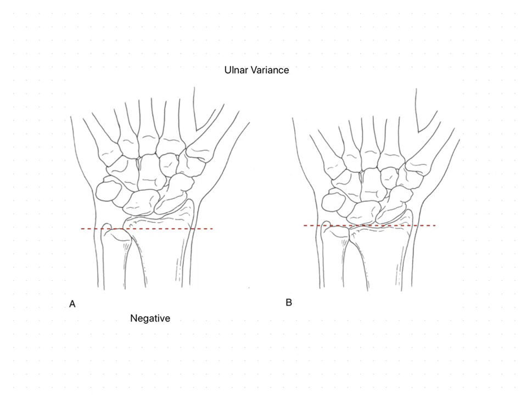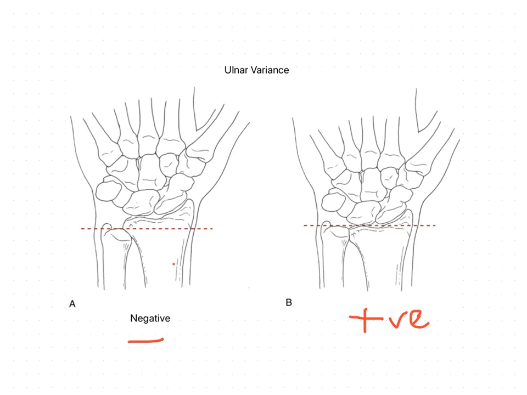The ulnar variance is defined as the measurement of the length of the ulna in relation to the radius. This is of two types. One is ulnar negative variance and the next one is ulnar positive variance. This one is the positive variance and this one is the negative variance here.